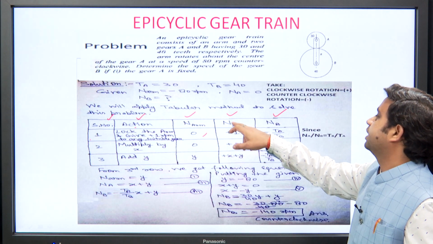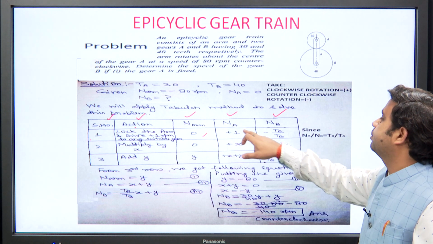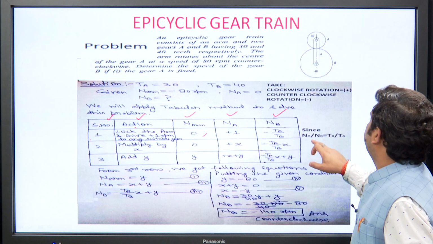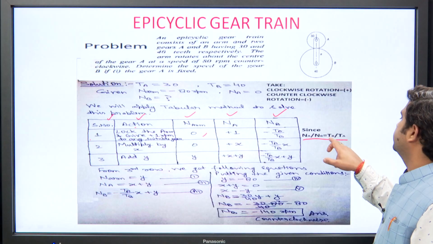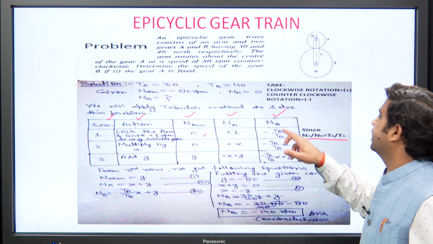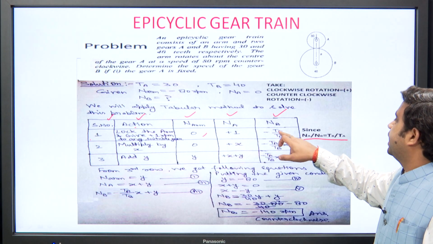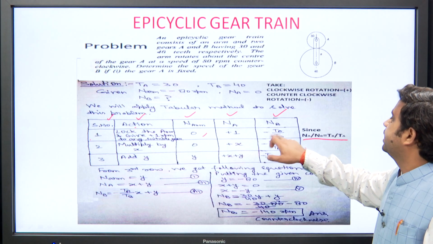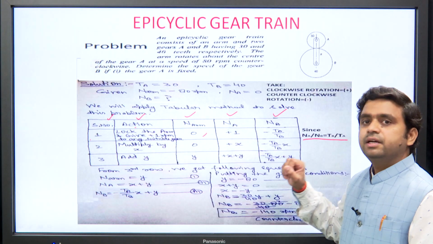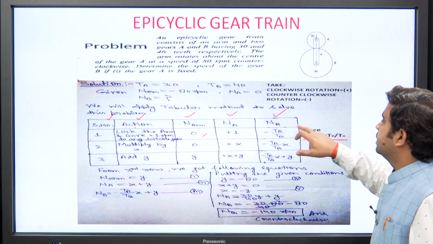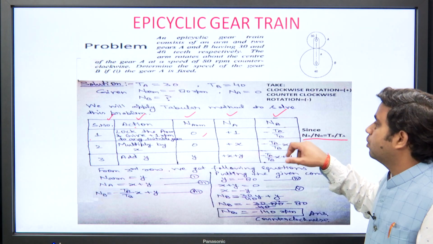So, we will choose gear A and give +1 rpm to this gear, and with the help of the formula Na by Nb is equal to Tb by Ta, we will get the speed of gear B, that will be minus Ta by Tb. The negative sign indicates that if gear A rotates clockwise, then gear B will rotate anticlockwise.